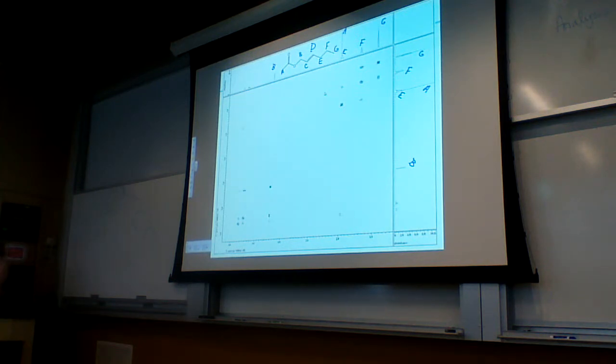And from the COSY we see that G and F right here are coupling each other, so I'll just label that as the FG coupling peak, and then we have another one of those on the other side of the diagonal, but we'll just ignore that right now.